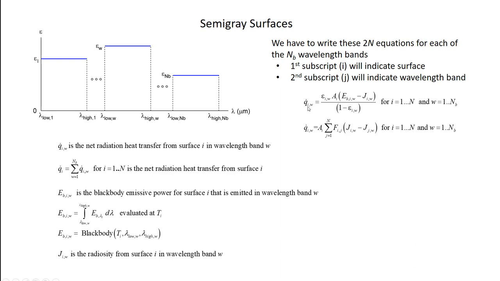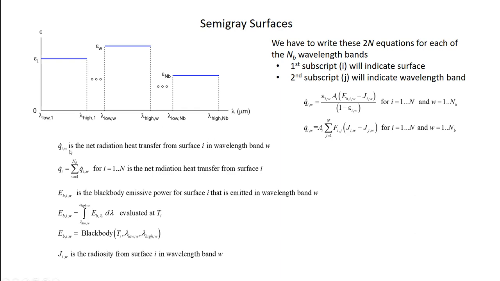I'm getting the net radiation heat transfers for surface I, but I'm only getting the part of it that happens in that certain wavelength band, right? If I want the total radiation heat transfer that happens for surface I, which I am going to want for sure, right? That's going to be either a boundary condition or the primary purpose of putting the whole model together is to predict that. How do I get that?